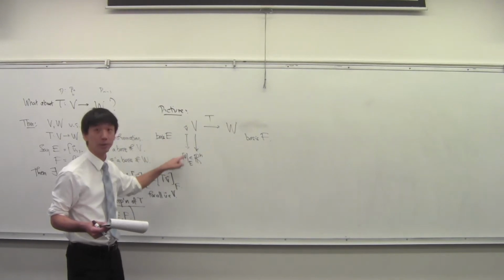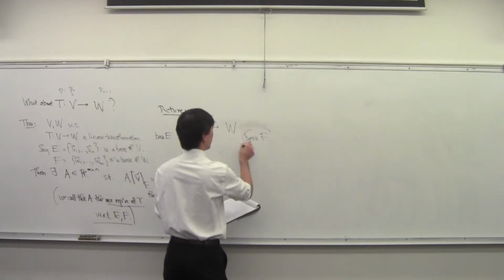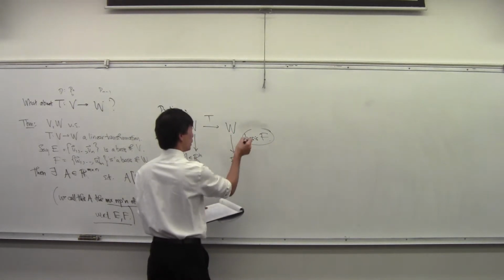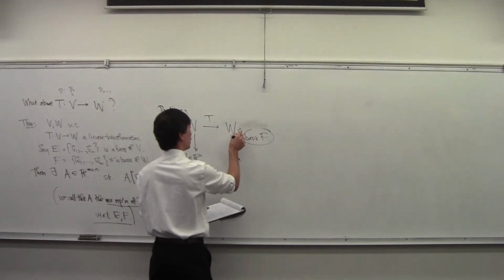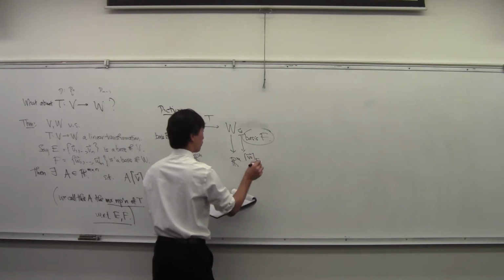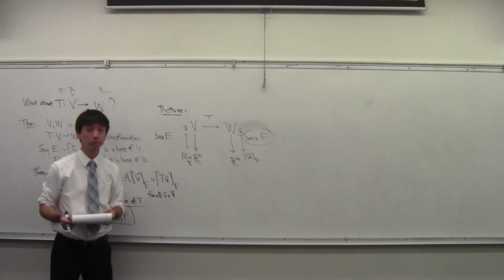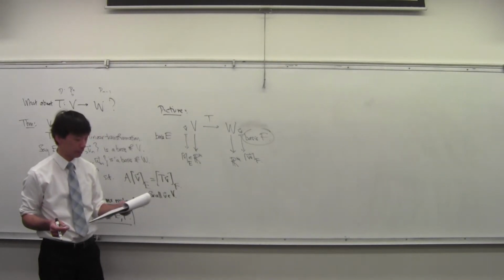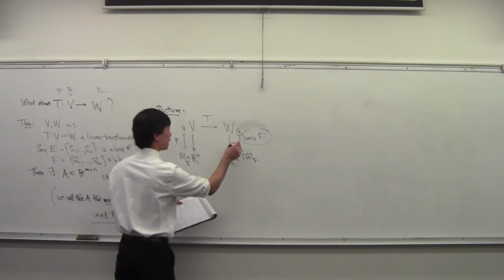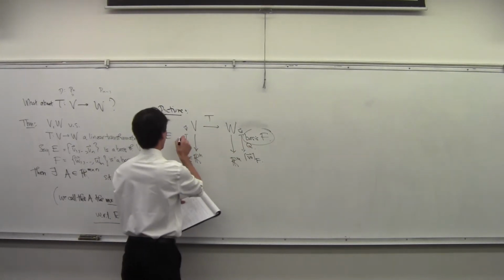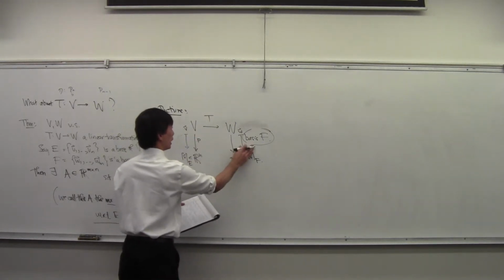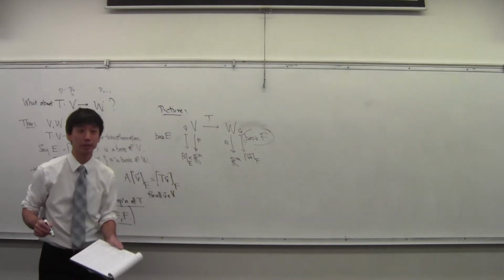Over here we've got the F basis, so we also have a coordinate vector map. W can get mapped to the coordinate vector of w with respect to F. Let me call this coordinate vector map P, and this coordinate vector map Q. P is this map going down here, Q is this map going down over here.